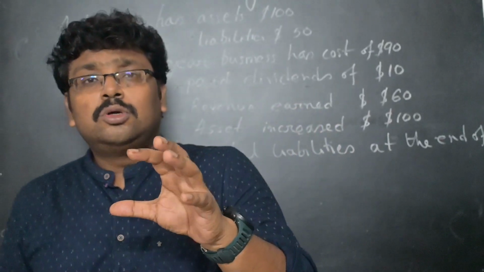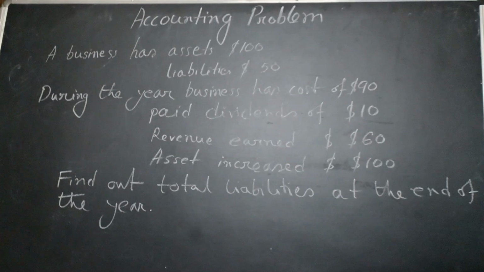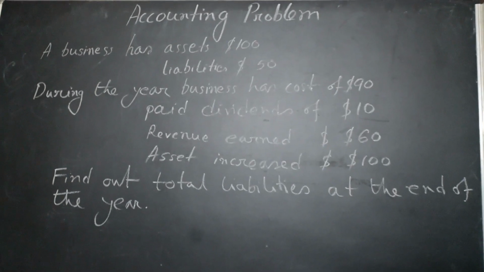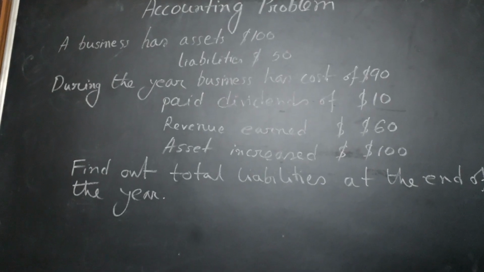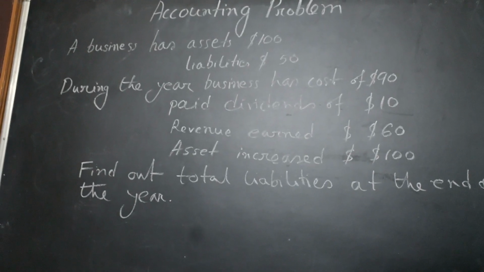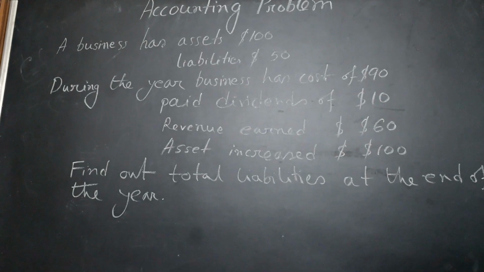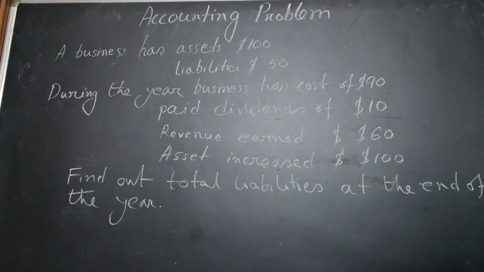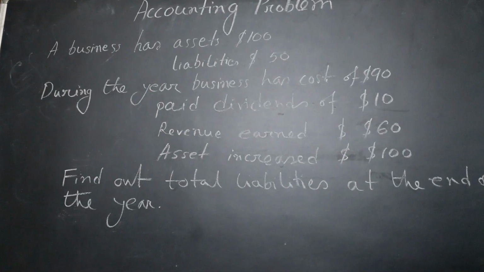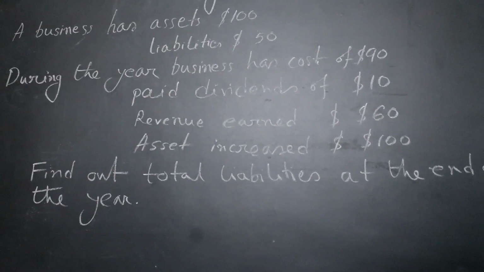So now look at the blackboard. The accounting problem you can find on the blackboard is that there is a business, and the business has assets at the beginning of $100. I have taken the numbers very low for the simplicity of the problem.